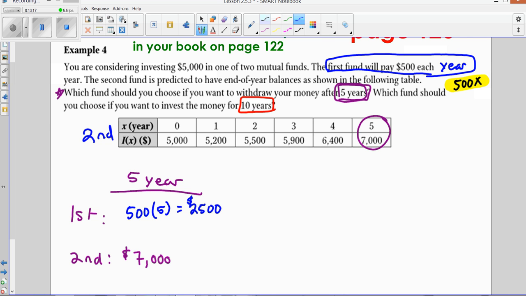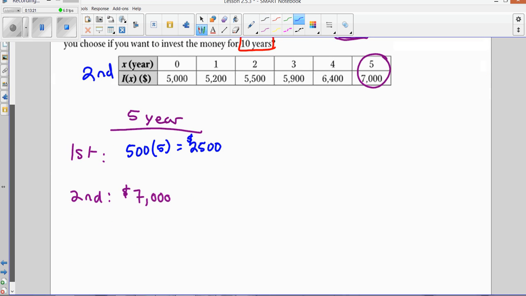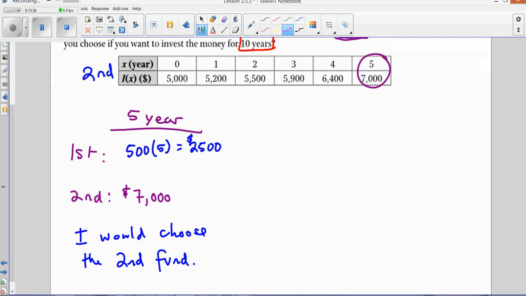Well, in 5 years, I would choose, because I like money and everyone else does, the second fund. Because clearly $7,000 is greater than 2,500. So that's in 5 years. But now we have to do 10 years.